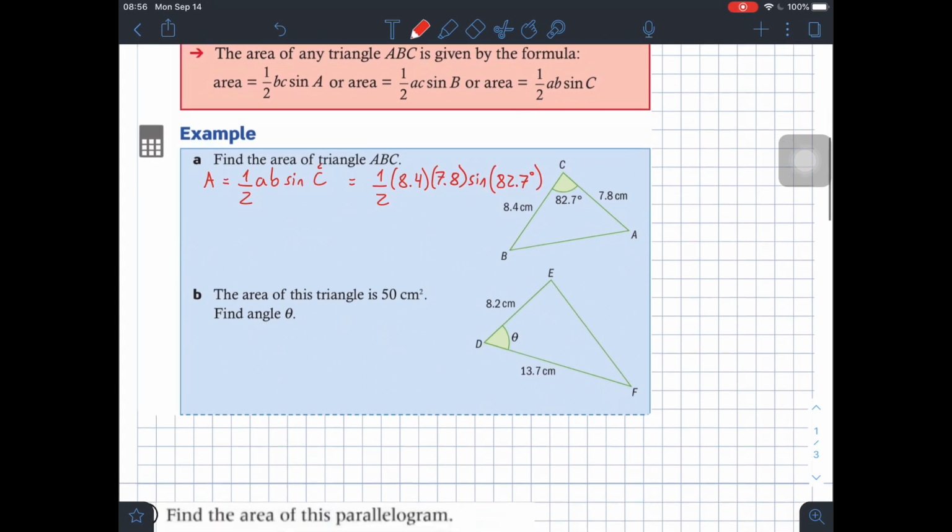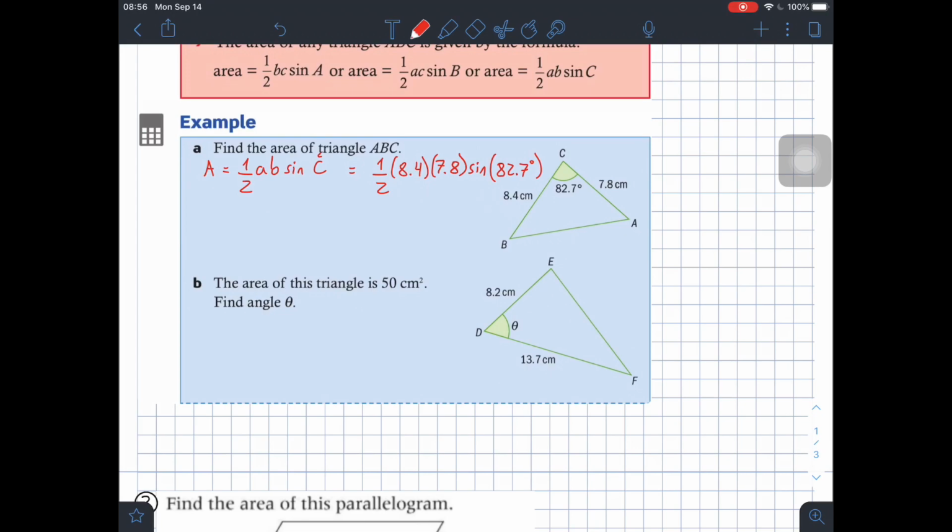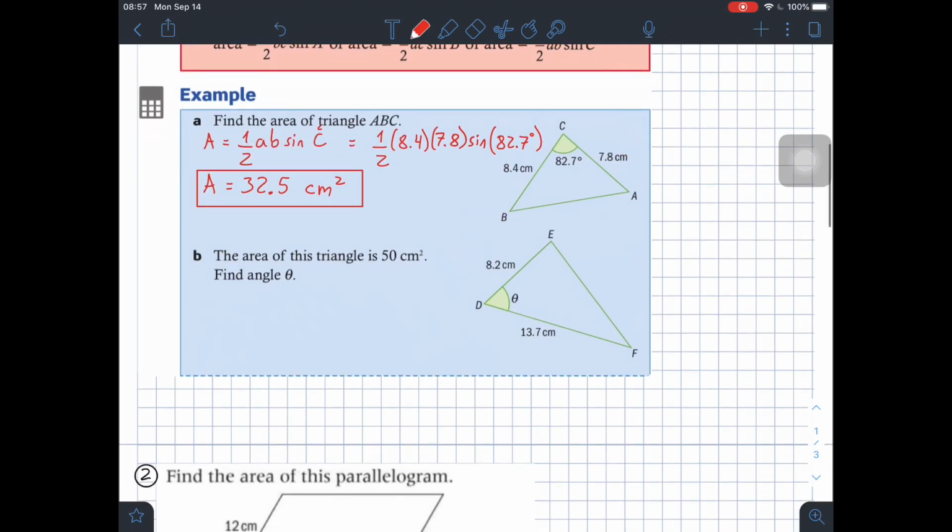Because the angle is given in degrees. So if you plug in that information into your calculator, which should be set up in degrees, you should get an answer of 32.5 centimeters squared if we round it to three significant figures, okay? So this is the area of the triangle, as simple as that. It's very easy to calculate. You just need to pay attention to the information that you're provided.